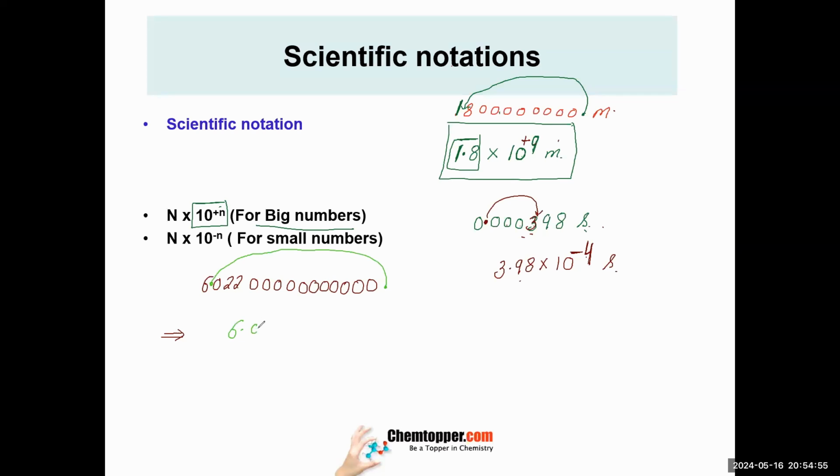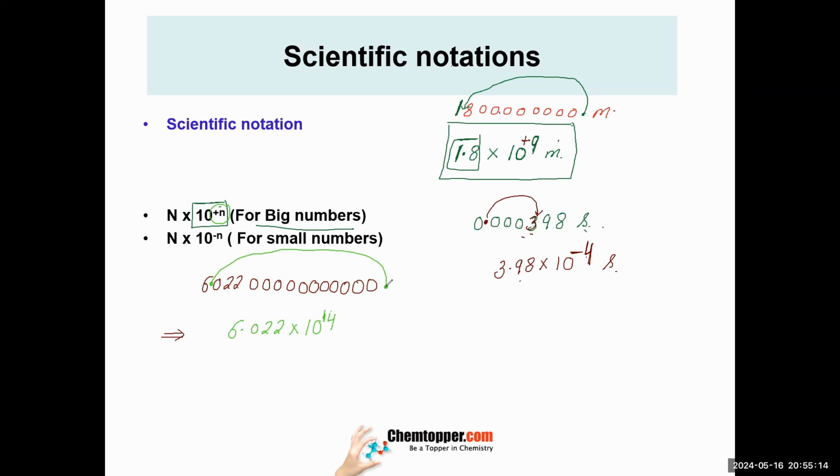So what's the scientific notation? 6.022 times 10 raised to power 14. It's a big number. That's why this power should be positive, plus 14.